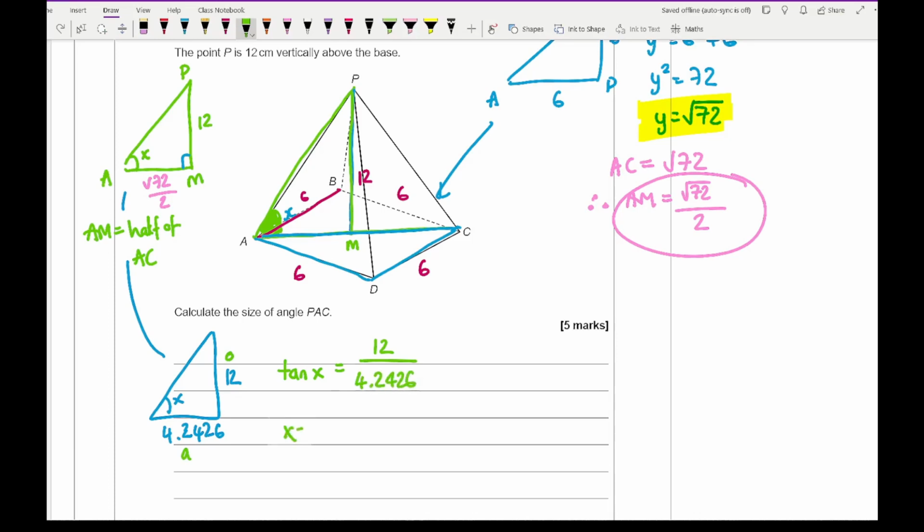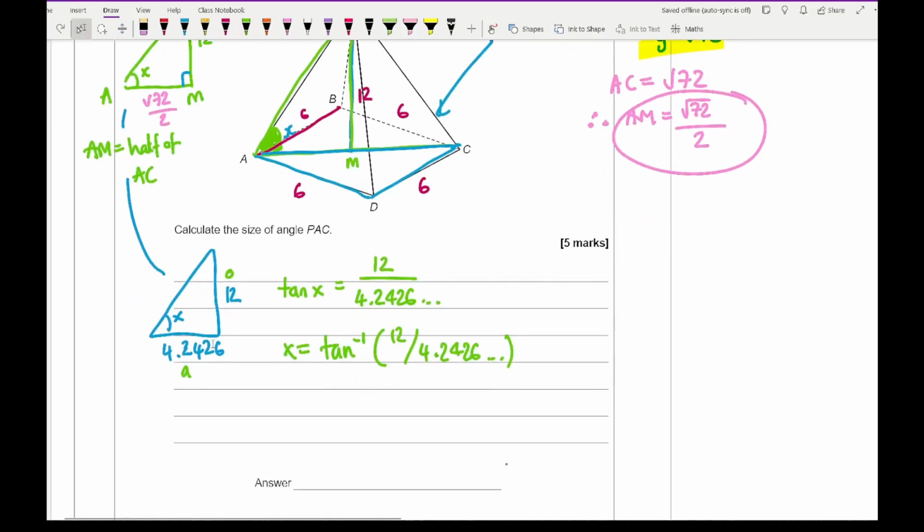So x equals the inverse tan of 12 over 4.2426. And if I type that into my calculator, I get an answer of 70.5 degrees, to one decimal place.